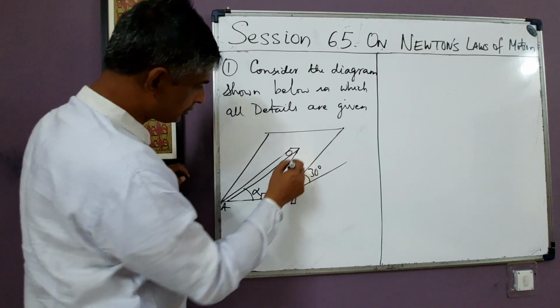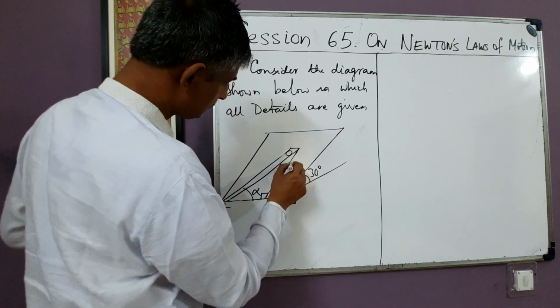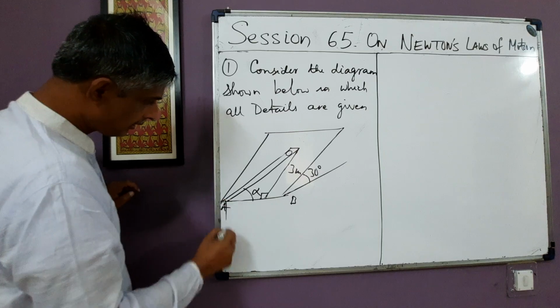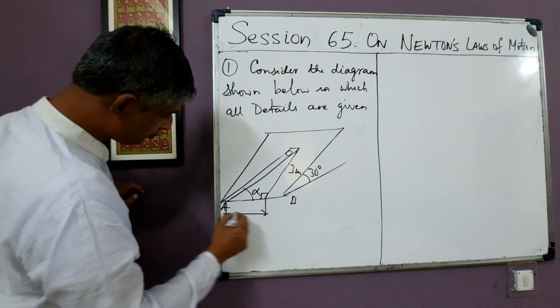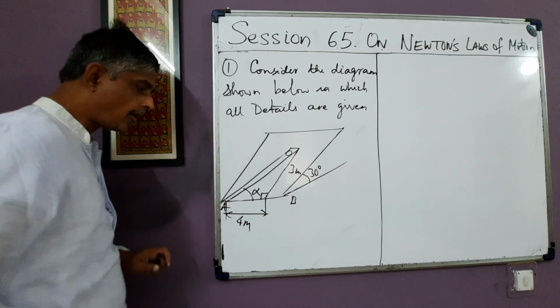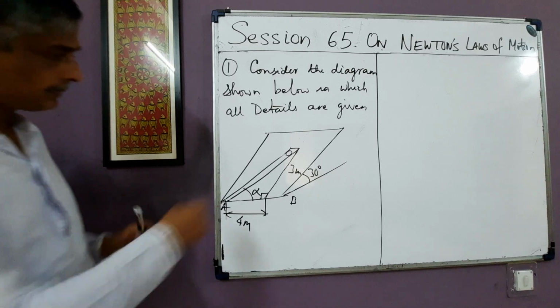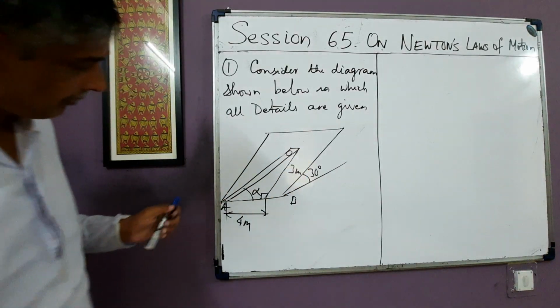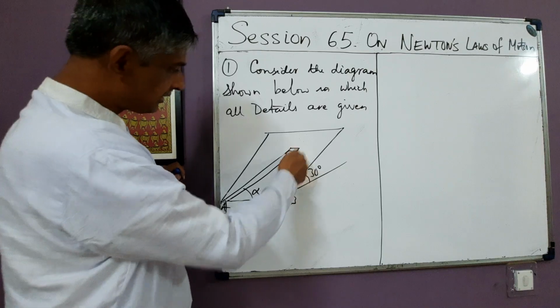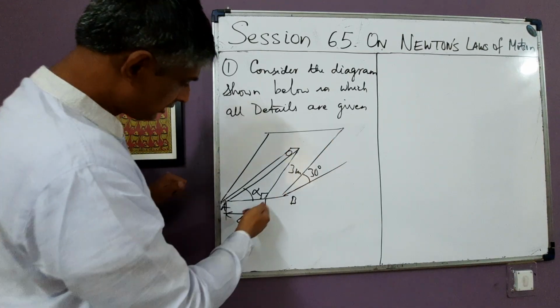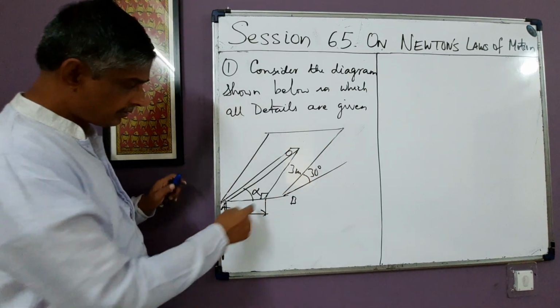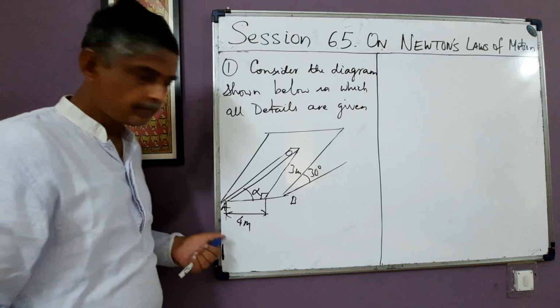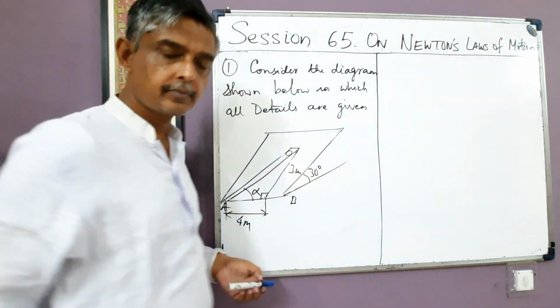So this distance suppose it is given to be 3 meter, and this distance 4 meter. This is a 3-dimensional view. This line is normal to this line, parallel to this line, and this line AB is horizontal. This is the right angle. I hope the situation is clear.